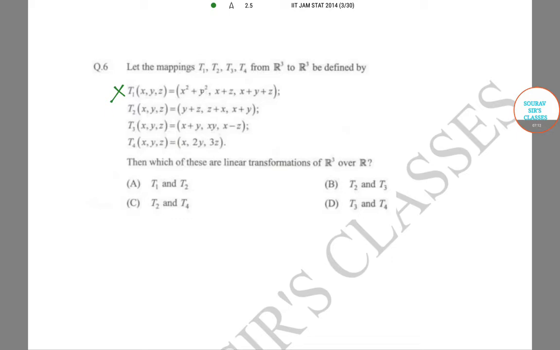plus y squared here. If we have x1 plus x2, we will have x1 squared. I'll just write it down. T1 of x1 plus x2, comma y, comma z, is equal to x1 squared plus x2 squared plus 2x1x2 plus, in the first coordinate, y squared of course.